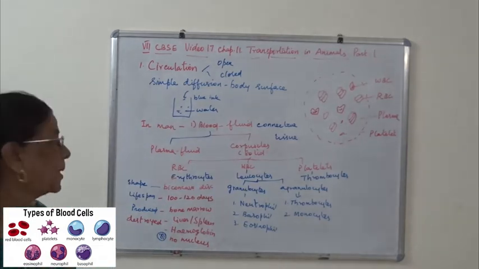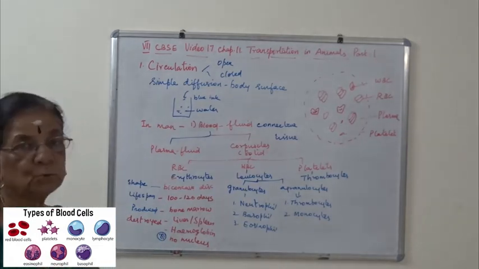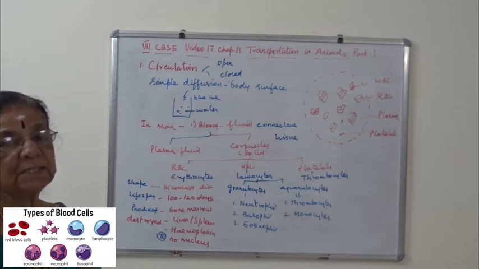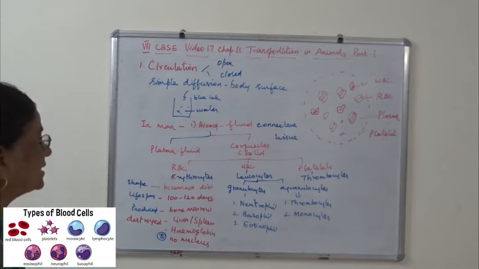What do you understand? Leukocytes are of two types, granulocytes and agranulocytes.